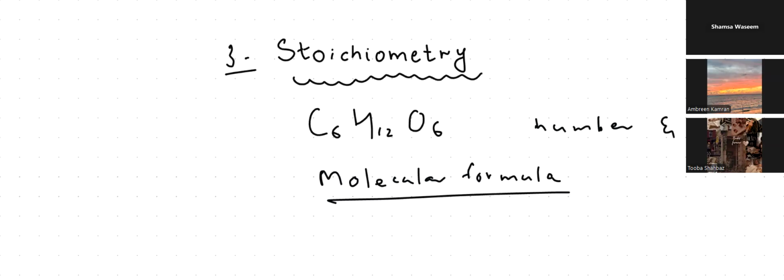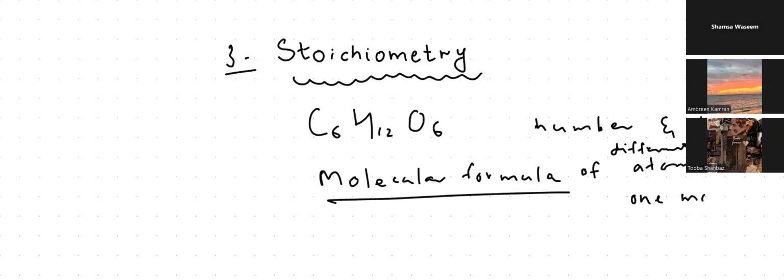Types of atoms, like 6 atoms of carbon, 12 atoms of hydrogen, and 6 atoms of oxygen. So it states the number and types of atoms, even different atoms if you want to add that, present in one molecule. It's known as a molecular formula.